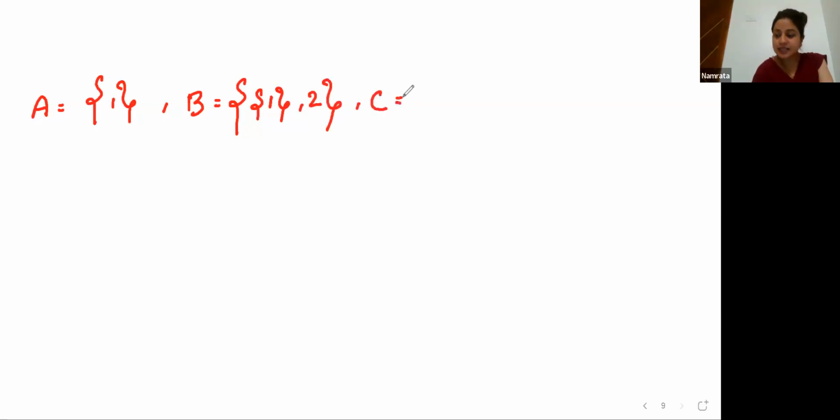So if we are having A equals {1}, B equals a set like this, and C equals {1, 2, 3}.